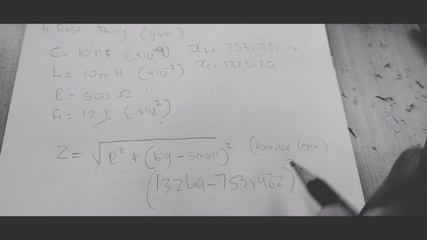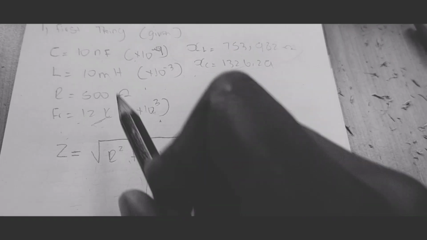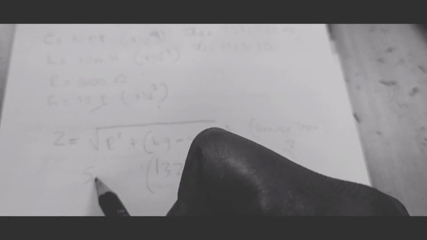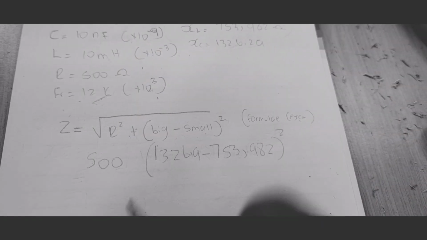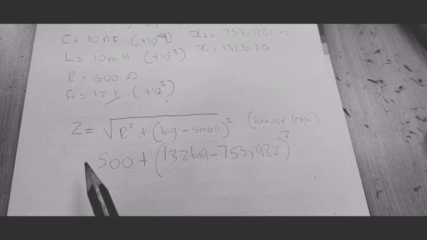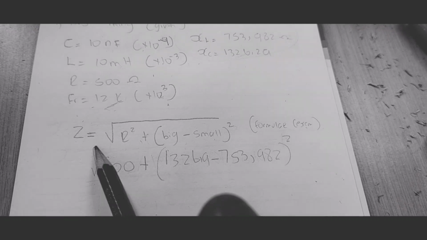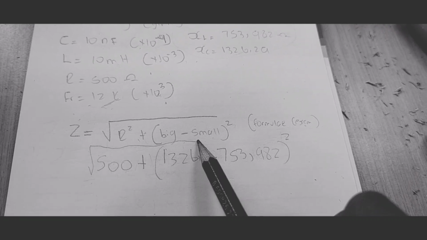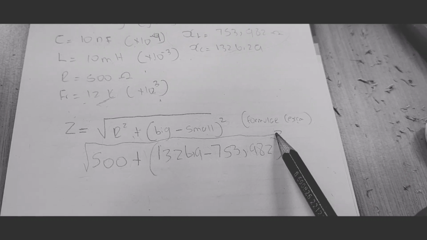Know that squared, and we are given R squared, which is 500 squared, plus. I forgot to add squared, guys. Please add it.